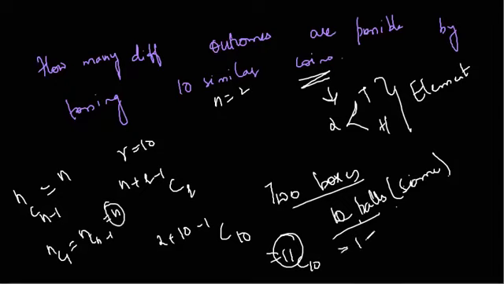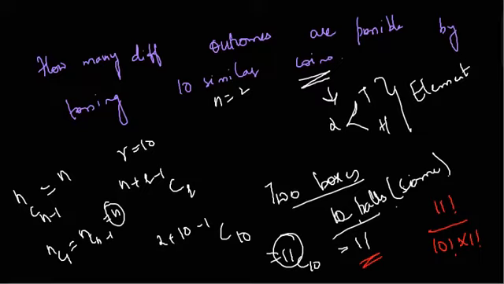So 11 C 10 will be equal to 11. Even if you want to check it, it can be written as 11 factorial by 10 factorial into 1 factorial, which will give you the result 11. So whenever you are tossing 10 similar coins, 11 different outcomes are possible.